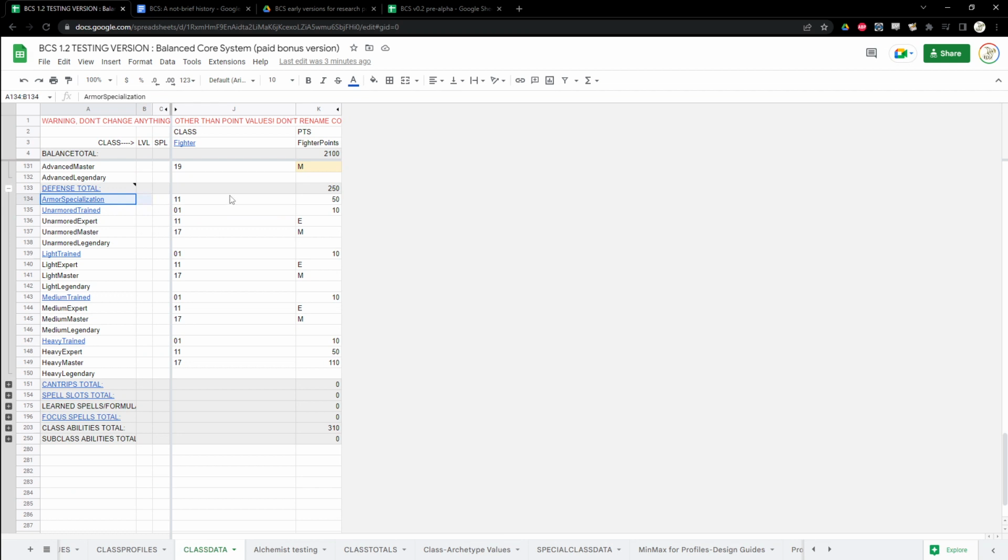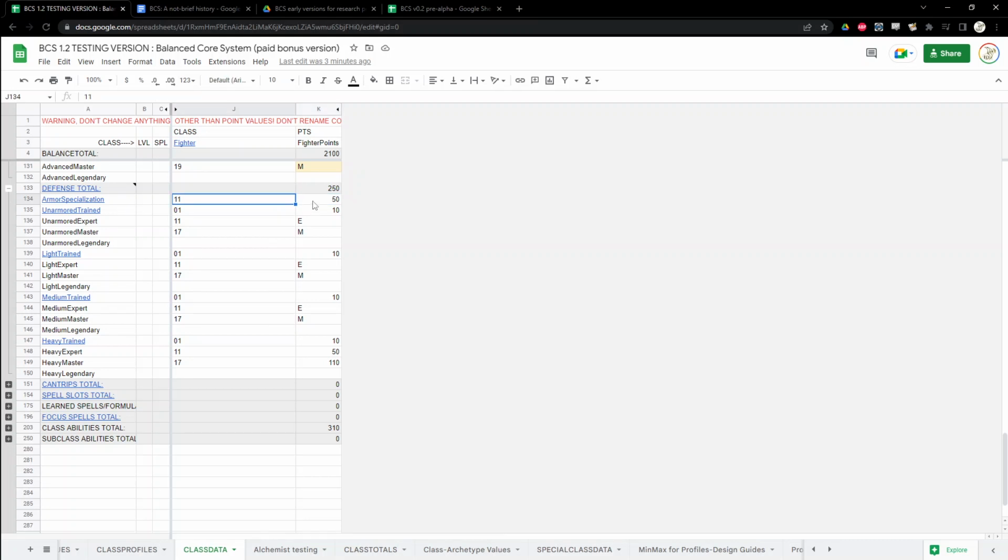The last thing to note for defense is armor specialization. That one's a little more, I wouldn't say iffy, but there's not a lot to go on with armor specialization. It's a bit of a guess, basically just giving it the same value as critical specialization for weapons, but it seems to be working.